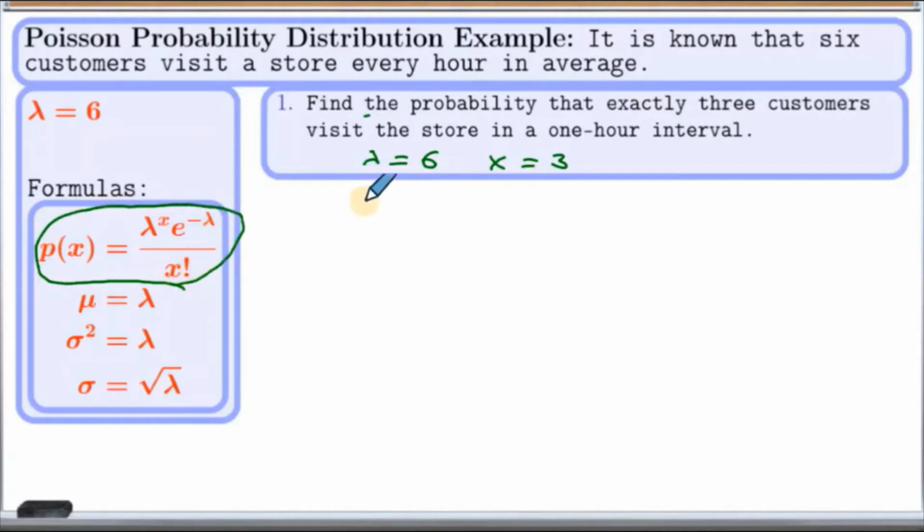So plugging in the numbers, we get P(3) equals 6 to the power 3, then e, our lambda is 6, that's why we have negative 6, over our x factorial, which is 3 factorial.